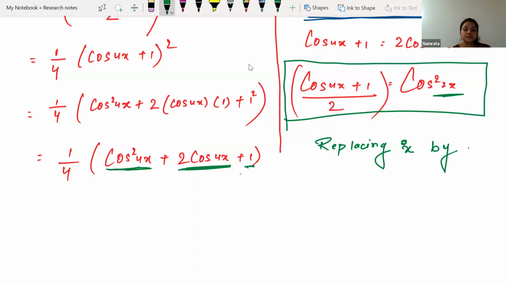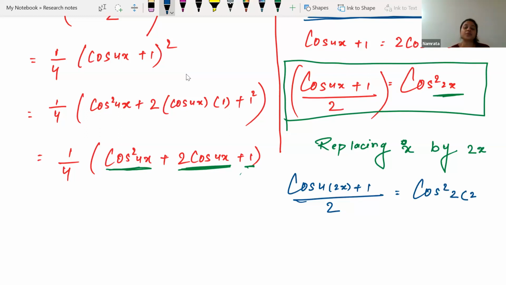Is it okay? Wherever x is there, I'm going to write 2x over there. So cos 4x, I'm going to write 2x over there. Plus 1 divided by 2 is equals to cos square, wherever x is there, I'm going to write 2x over there. Why am I doing so?